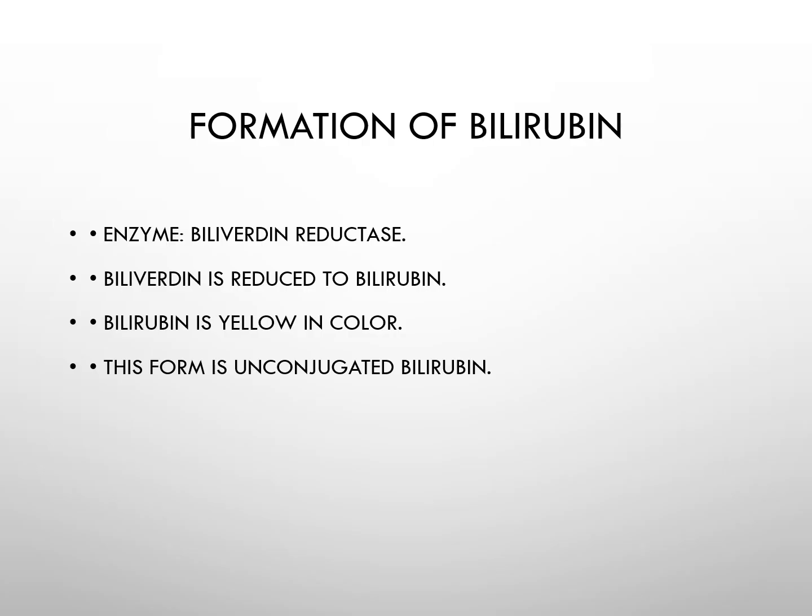That is usually the green pigment. The enzyme biliverdin reductase then helps to convert biliverdin into bilirubin. At this stage bilirubin is yellow in color, insoluble in water, and is called unconjugated bilirubin or indirect bilirubin. This is how bilirubin is formed in the bloodstream.